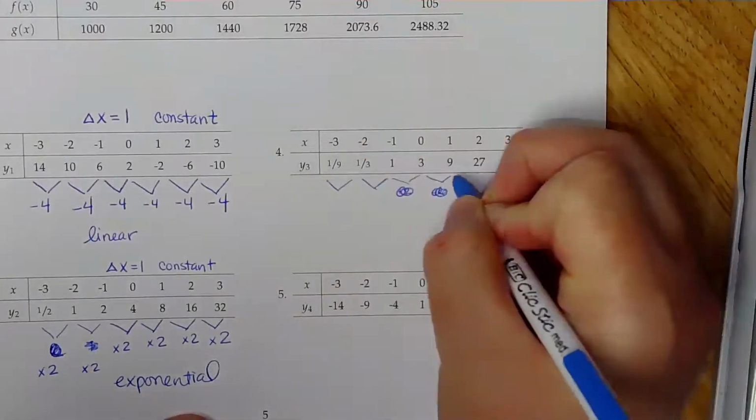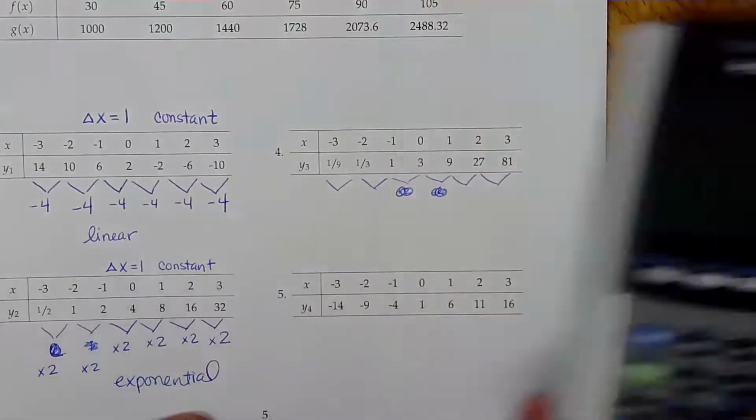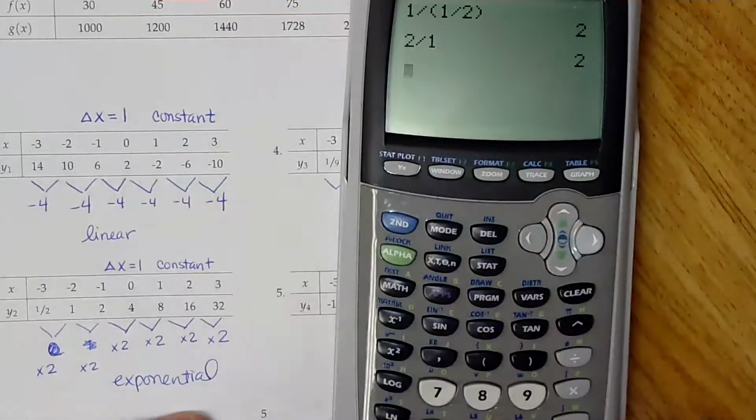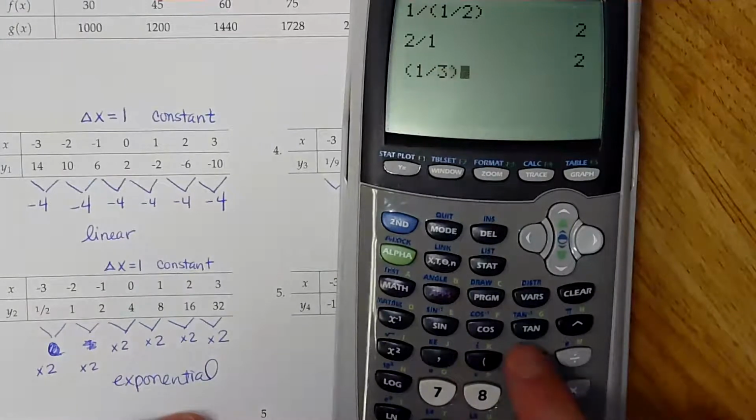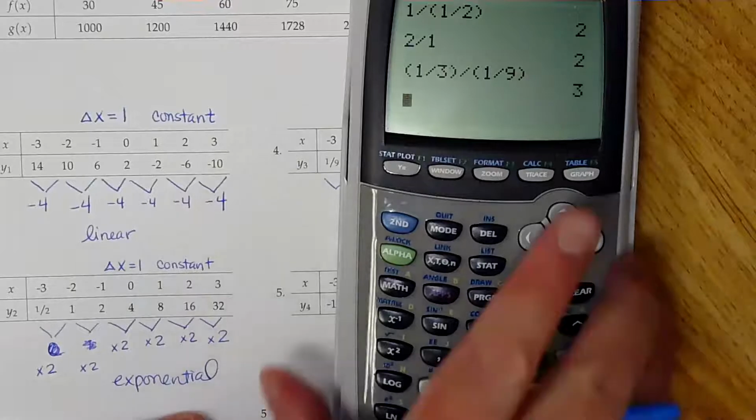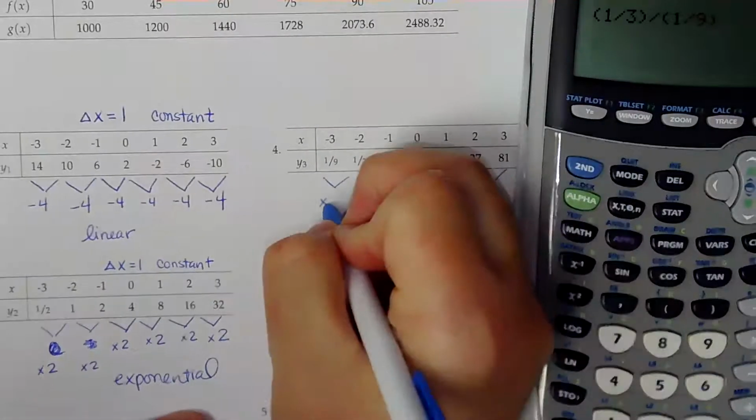So we're going to do 1/3 divided by 1/9. I'll put that 1/3 in parentheses and the 1/9 in parentheses. So that would say we multiplied by 3.